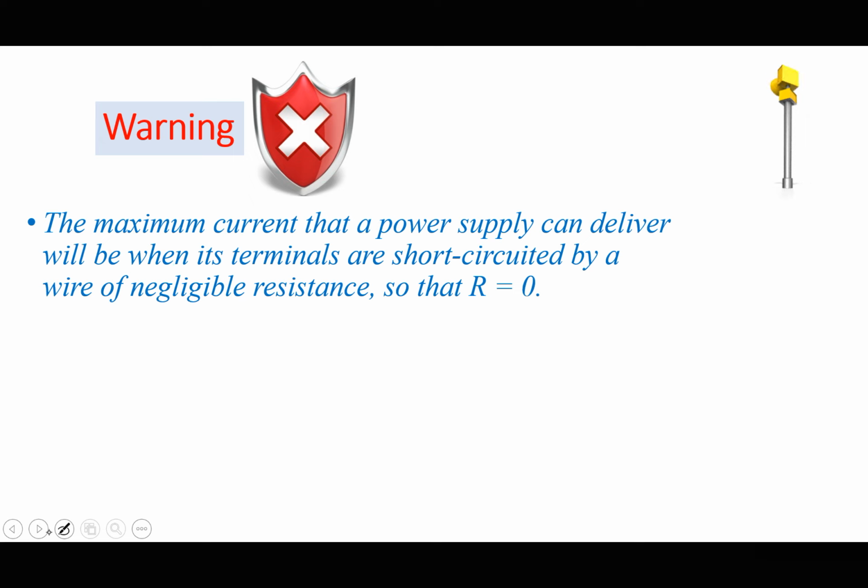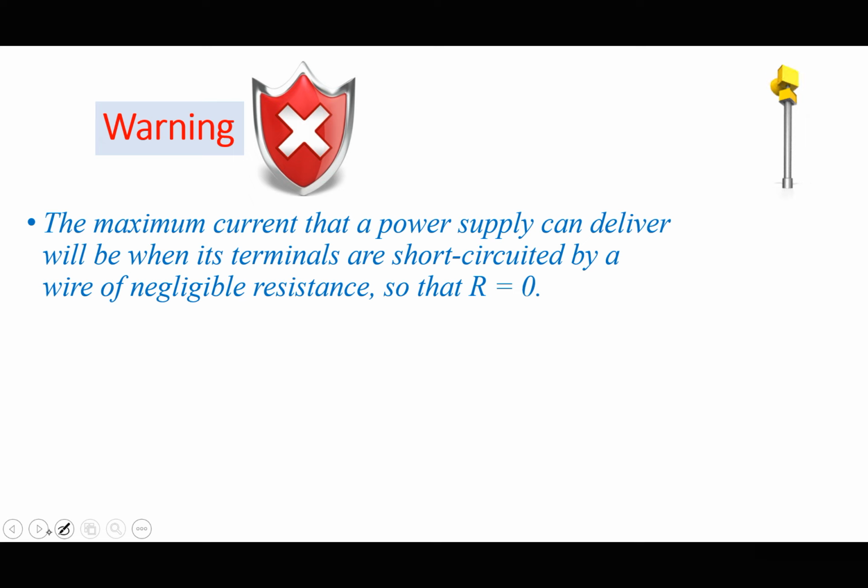Remember, current always takes the least resistive path. So when I join the positive terminal to the negative terminal using a wire of negligible resistance, we say we have caused a short circuit. This is when the current is going to be maximum.